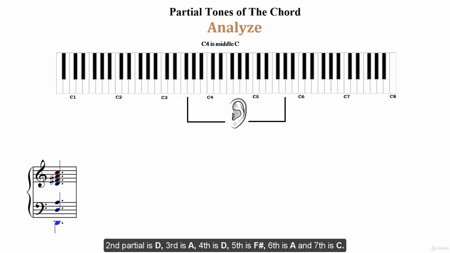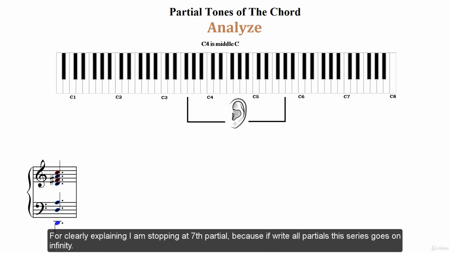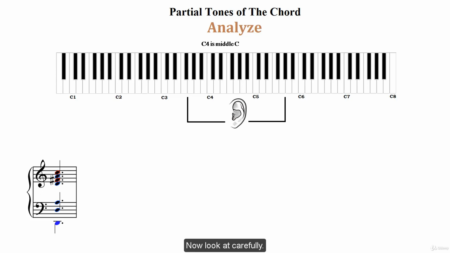Second partial is D, third is A, fourth is D, fifth is F sharp, sixth is A, and seventh is C. For clear explanation, I am stopping at the seventh partial, because if we write all partials, this series goes on to infinity.